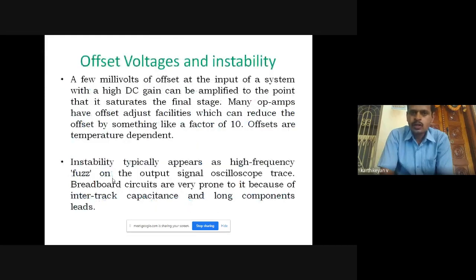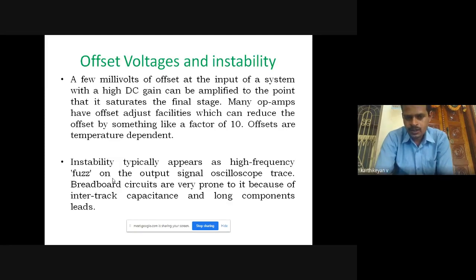Next one, offset voltages and instability. You have to check. A few millivolts of offset at the input of a system with a high DC gain can be amplified to the point that it saturates the final stage. Many op-amps have offset adjust facilities which can reduce the offset by something like a factor of 10.